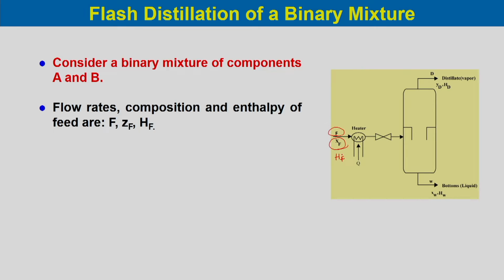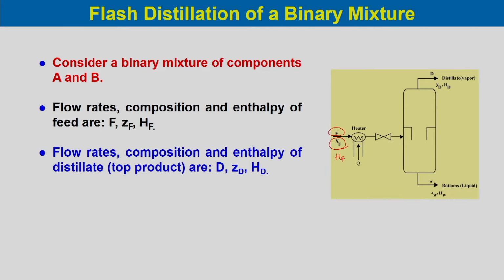Next, the flow rate, composition and enthalpy of the distillate, which is the top product. The distillate molar flow rate is D, it is a vapor, its composition is YD and its enthalpy is HD.